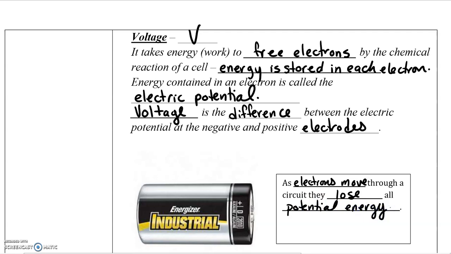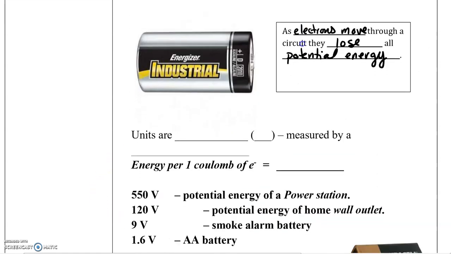So say you're making a little circuit with a battery and a light bulb and some wires. That means that the electron leaves the battery and then powers the light bulb, and the electron loses all of its potential energy, and then it goes back to the positive electrode, and then it goes through the battery again, and it powers up to the same voltage, and then it does the exact same thing again.